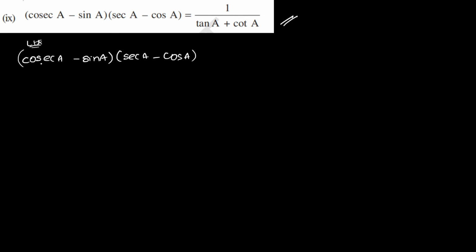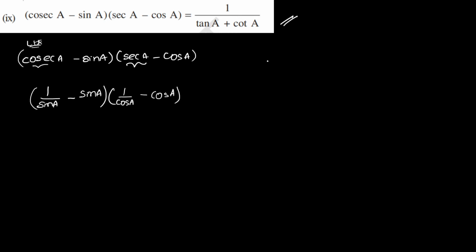Now I will convert cosecant into sin. We know that cosecant is the reciprocal of sin, so I can write cosecant a as 1 by sin a, minus sin a, into secant, which I can convert as 1 by cos a, minus cos a.